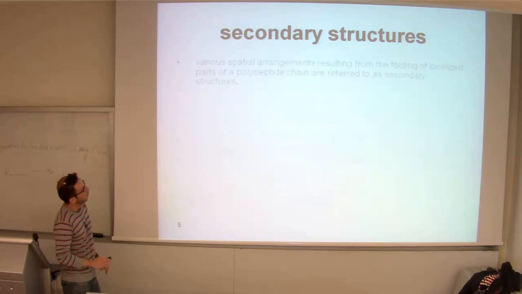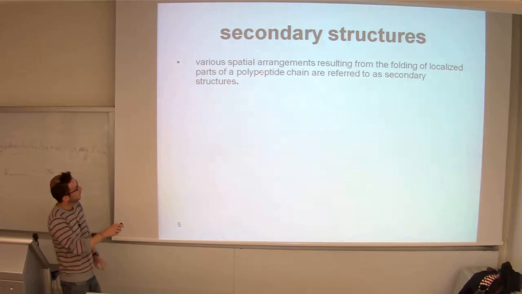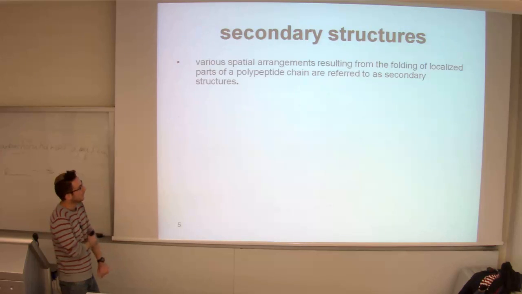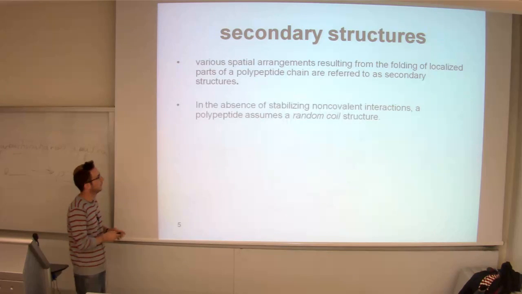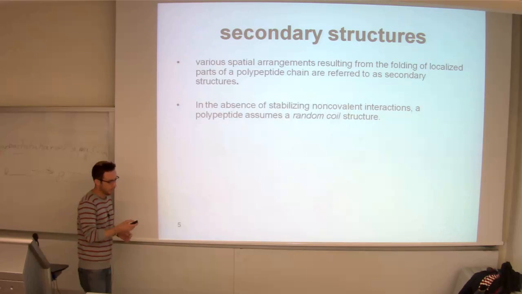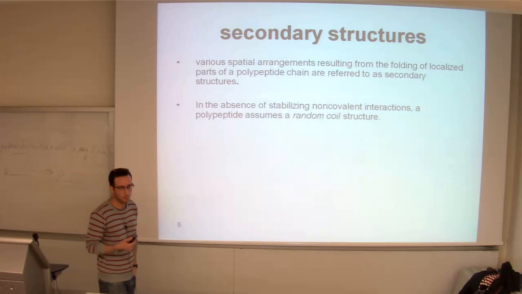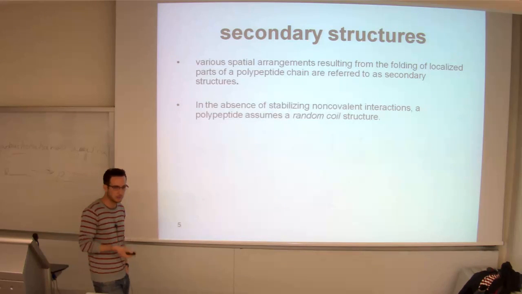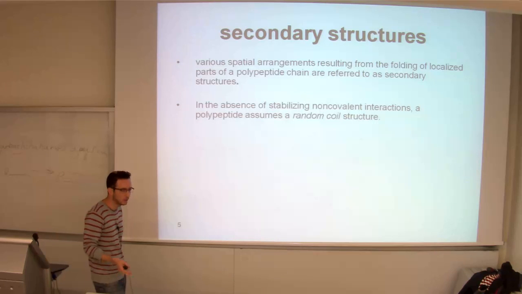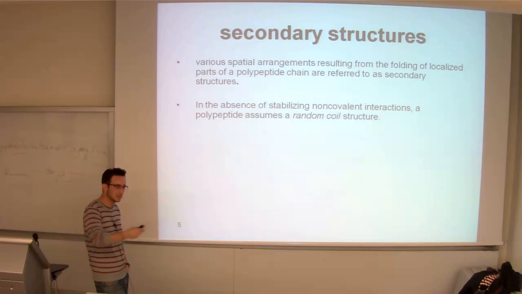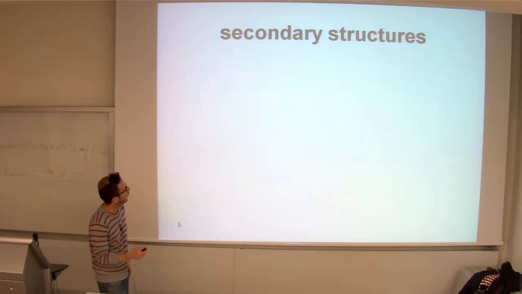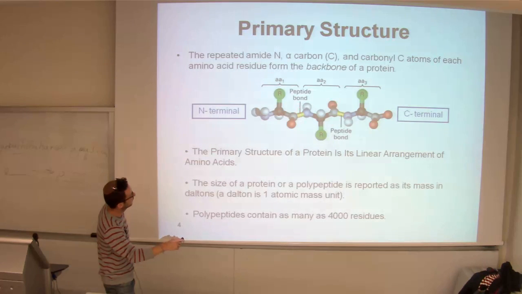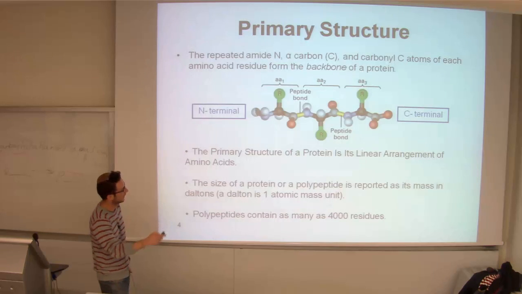Okay, secondary structures are various spatial arrangements, actually local foldings in the protein. And they occur thanks to non-covalent stabilizing interactions. So the amino acids in the primary structure are linked through covalent bonds, obviously, the peptide bond, which was mentioned last time.